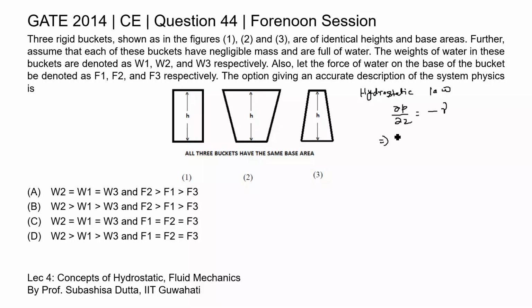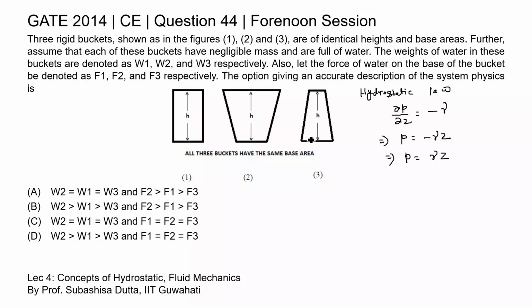And if we integrate this equation, we will get P is equal to minus gamma into Z. So, pressure at any point equals gamma into Z. This negative sign only indicates the pressure increases with depth. So, we can also write P as gamma into Z at any point. Pressure at any point is equal to gamma into Z.